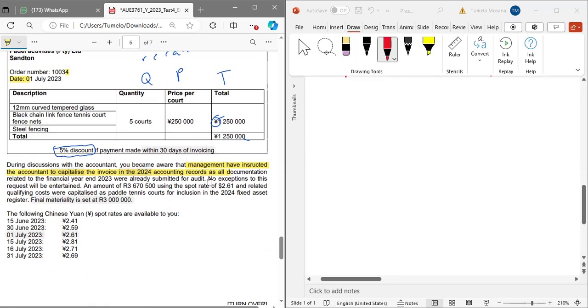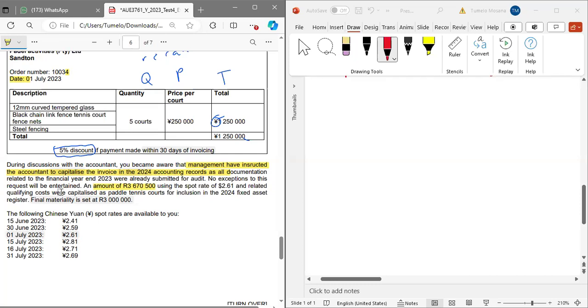So no exceptions to this request will be entertained. Management is essentially saying that should the accountant say we can't do this, management will not entertain that thought, because they have clearly stated it. And we have been given an amount of 3,670,500 using the spot rate of 2.61, and the related qualifying costs were capitalized.